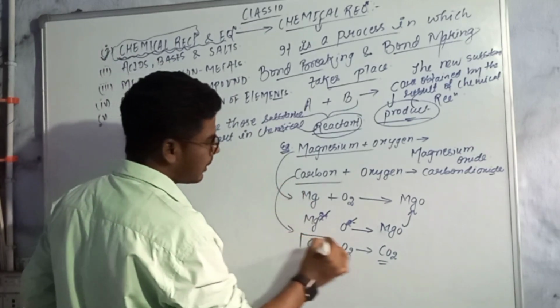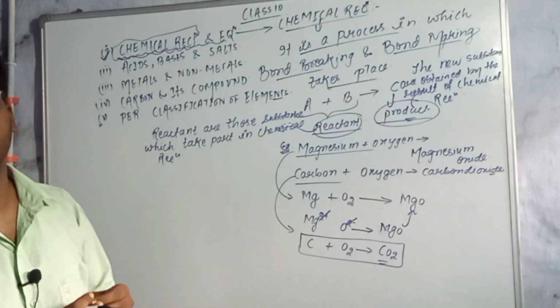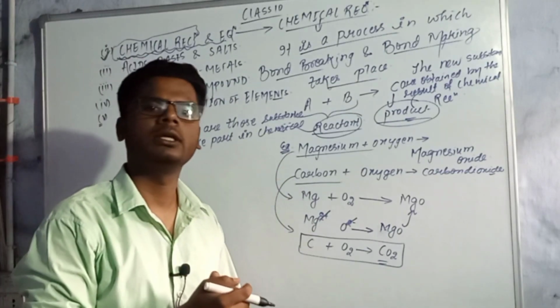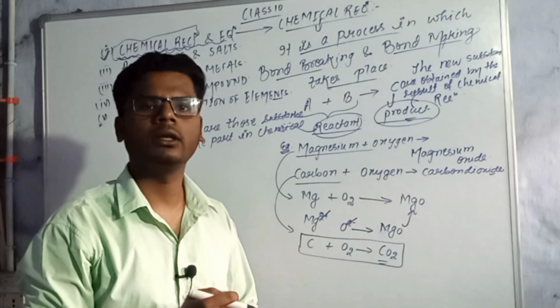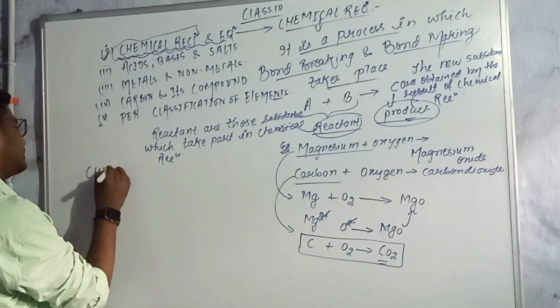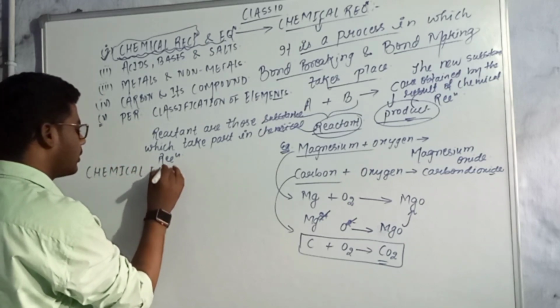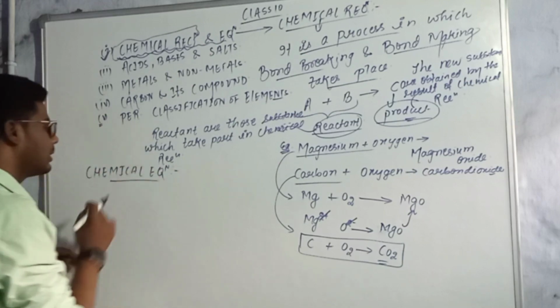It means a chemical reaction can be expressed in terms of formulas and symbols, and this is called a chemical equation. What is a chemical equation?